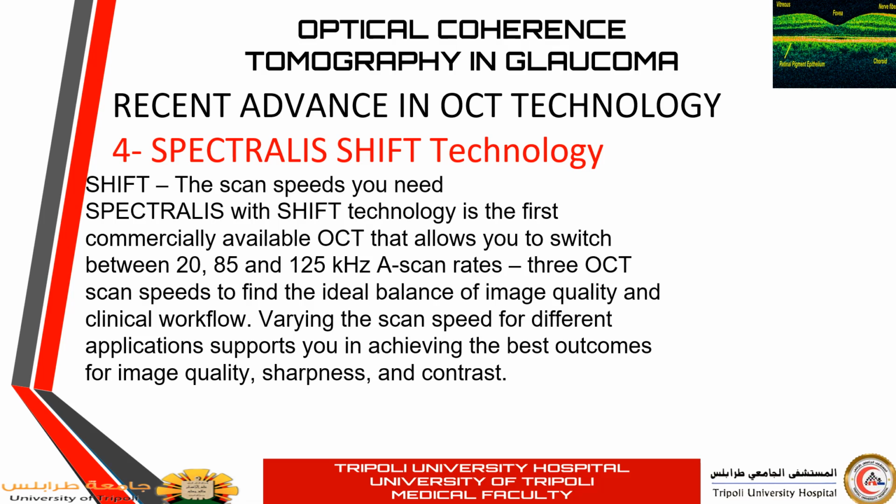As you know, changes in the speed of the OCT give you changes in the quality of the image, and it has advantages and disadvantages. So if they could incorporate in the same OCT the ability to change the OCT speed based on your needs and based on the structure that you are scanning in the retina, this is called spectral shift technology. This is a new technology.